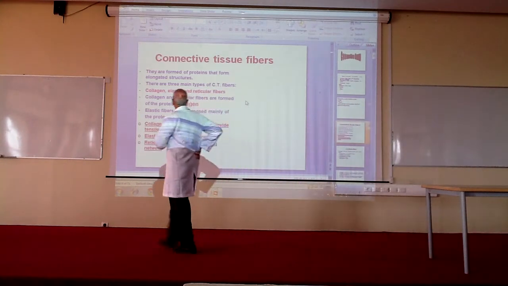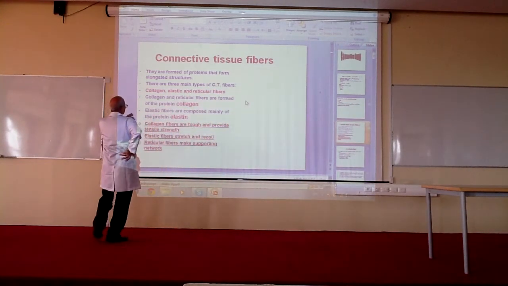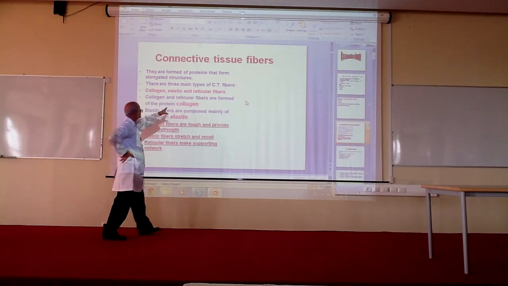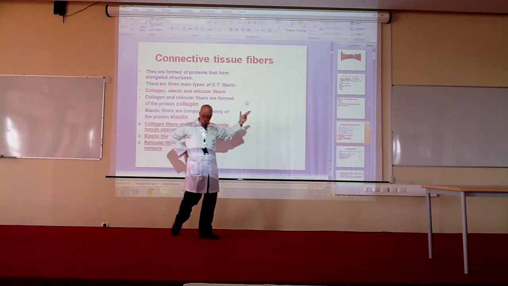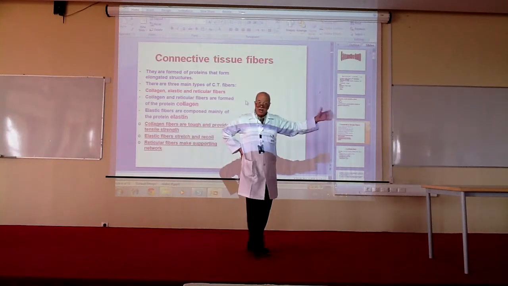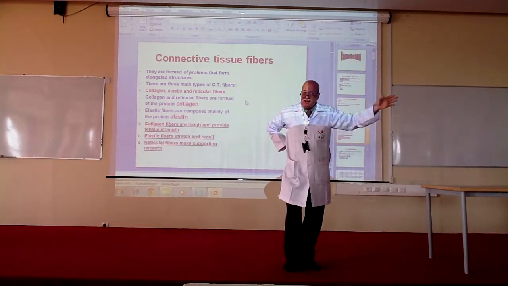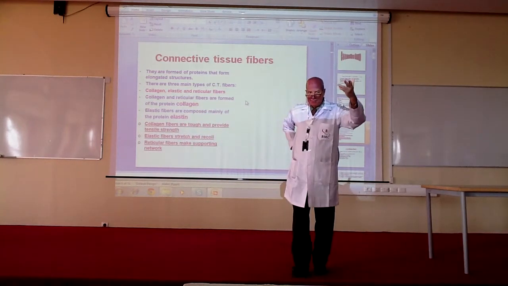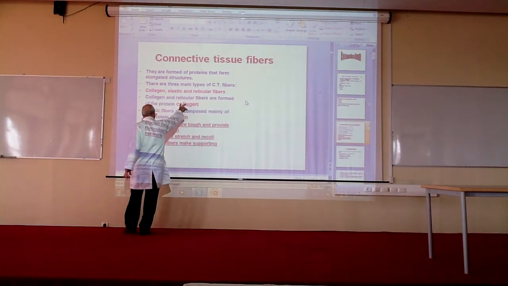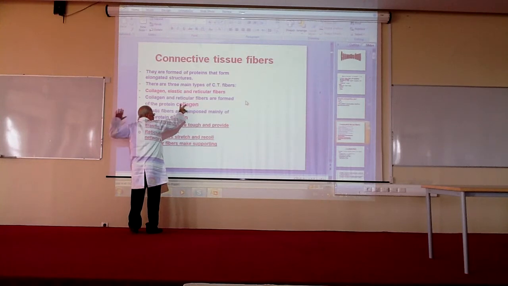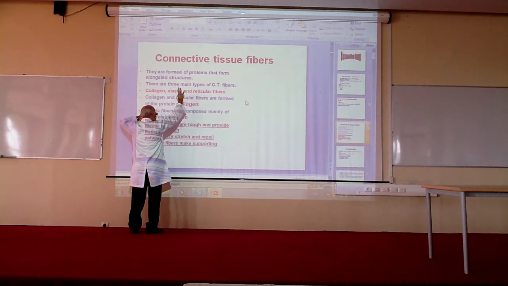Now, collagen and reticular fibers are formed of the protein collagen, but collagen is a family. Collagen type 1, collagen type 2, 3, 4, 5, 6, and so on. Different types. The ordinary white collagen fibers are collagen type 1. The reticular fibers are collagen type 3.